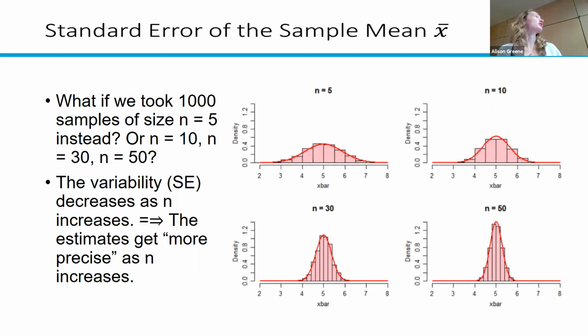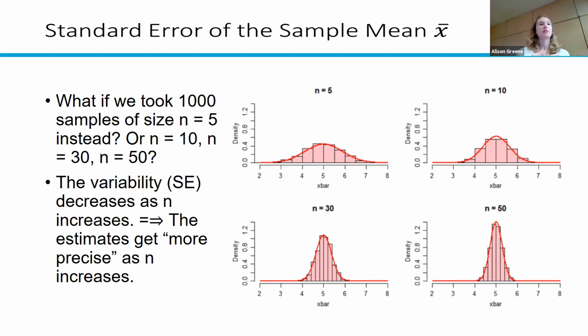So to further illustrate this one more time, the first plot on the top left shows what we did here: we took samples of 5, so very small samples, and we did that 1,000 times. In each of those samples, we calculated a sample mean, and we've plotted those here. So we can say that the true mean is probably 5.